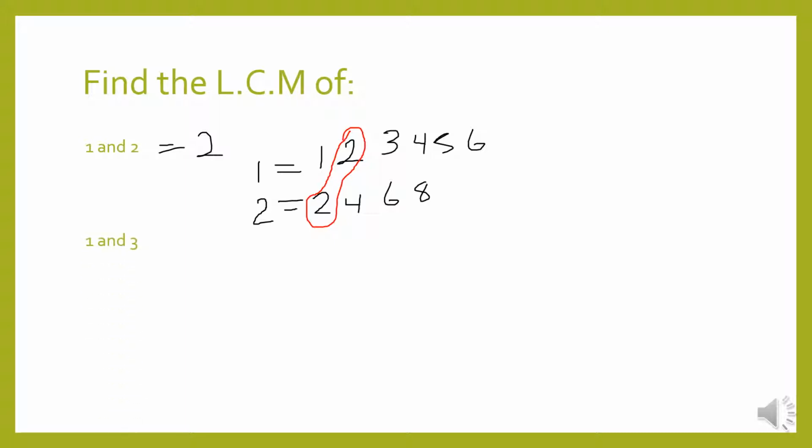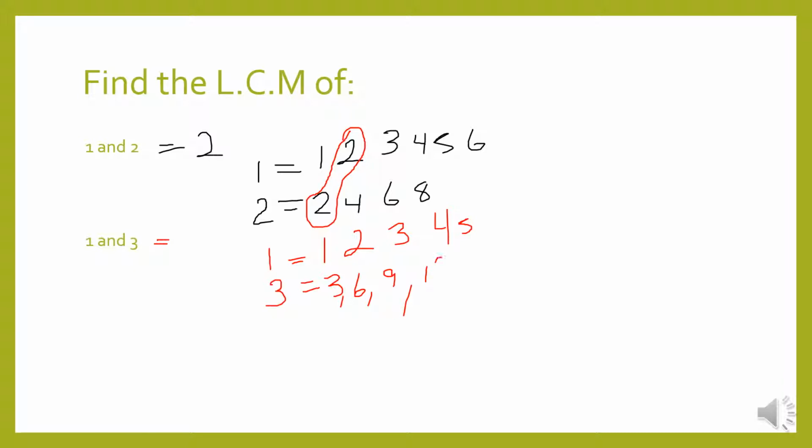What do you think the LCM of 1 and 3 would be? Let's write down 1, let's write down 3, and let's write the multiples of them. Let's count in ones. 1, 2, 3, 4, 5, and so on. Let's count in threes. 3, 6, 9, 12.